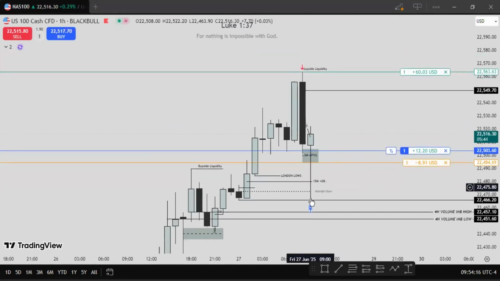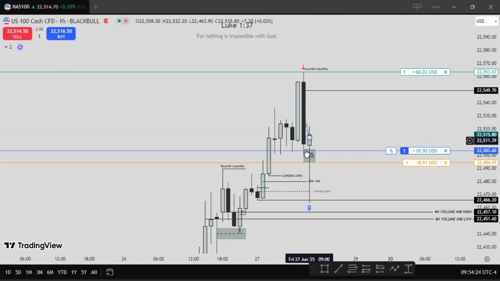I like how this 1 hour candle has this long wick here, trading away from this order block here.